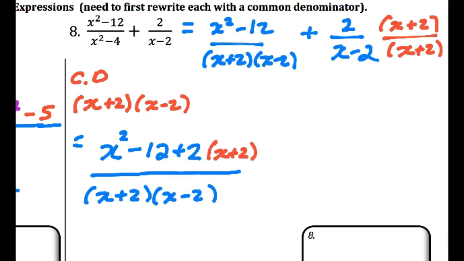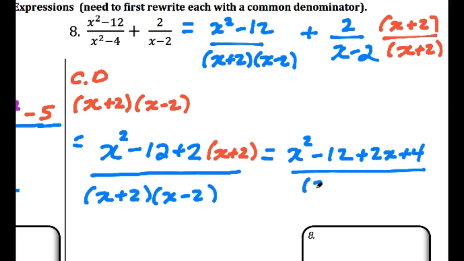And then it's a matter of simplifying. Let's look at what we have. We have x squared minus 12, and distributing the 2, plus 2x plus 4, all divided by our common denominator, x plus 2 times x minus 2.